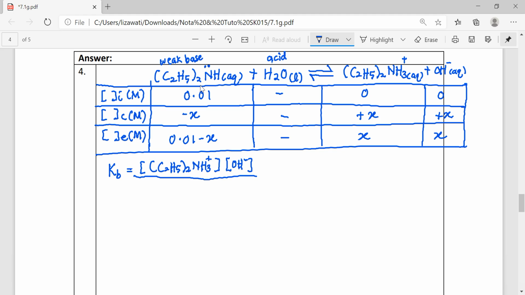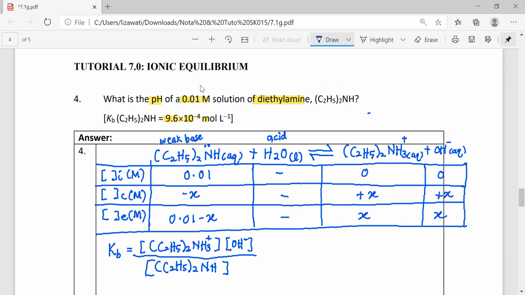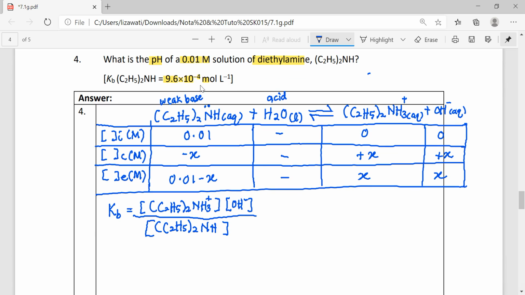Remember, H2O is not included because its phase here is liquid. Now substitute from the ICE table, and the value of Kb here is 9.6 times 10 to the power of negative 4.